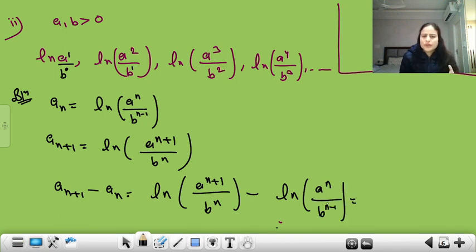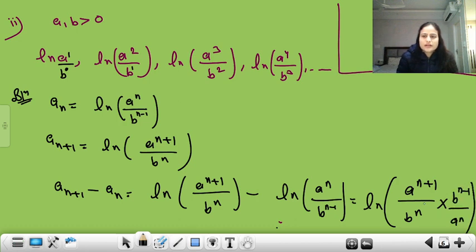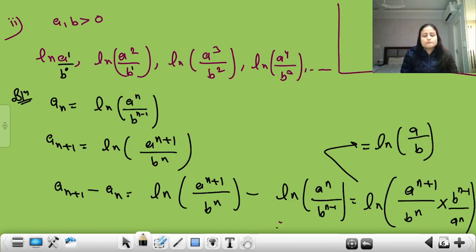And with the help of the property of ln, this can be written as ln of a raised to n plus 1 upon b raised to n, times b raised to n minus 1 upon a raised to n. So this is nothing but ln of a upon b, right?